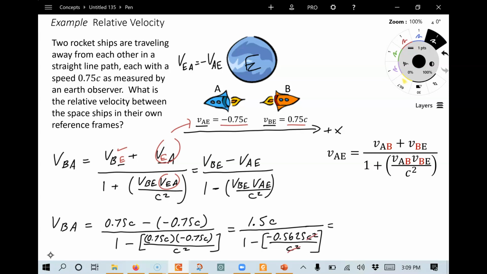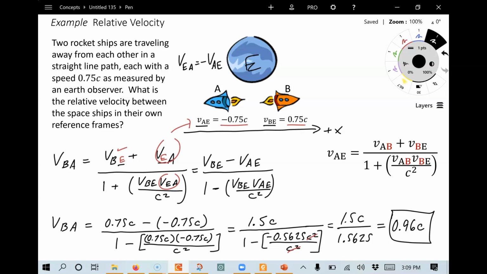And that's going to give us 1.5 c divided by 1, and we add the two, 1 plus 0.5625. And doing that last division gives us a value of 0.96 c. Again, less than the speed of light, which makes sense.